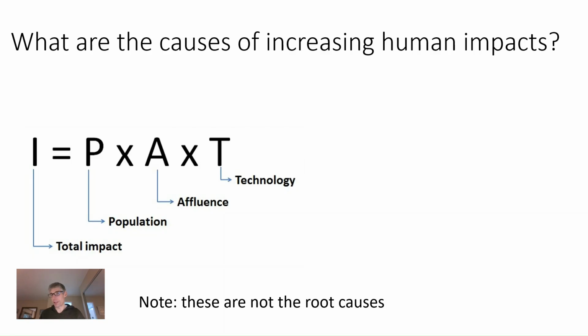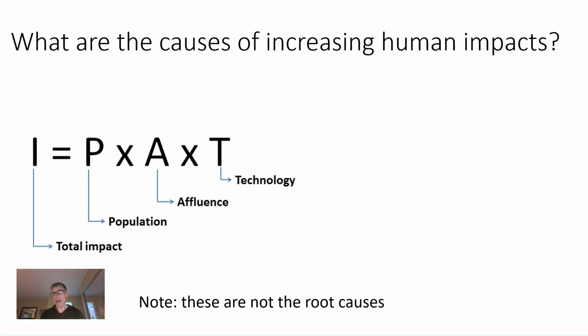What's the root cause, though? Have a think about that. Well, the answer is it's kind of to do with our desire for stuff, and our desire to have more people potentially. Those are separate, and we will come to them at some point in this lecture, particularly for population. But that desire for stuff comes down to potentially quality of life, or potentially materialism as a cultural goal.